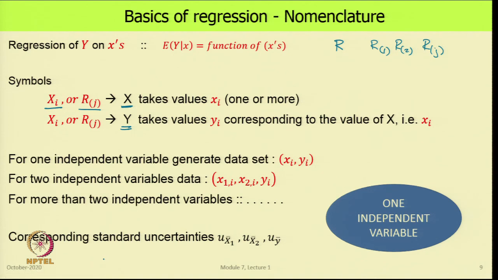And the main thing about what we will study here is that we will look at the simplest possible case where we have only one independent variable. There will be many instances where there could be two or more independent variables. Those we are leaving for a later discussion, not now.